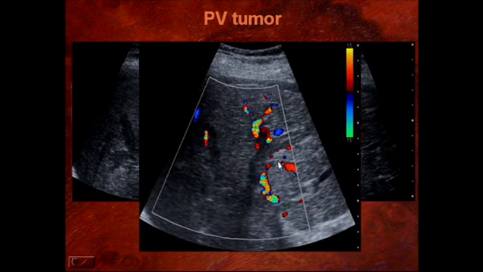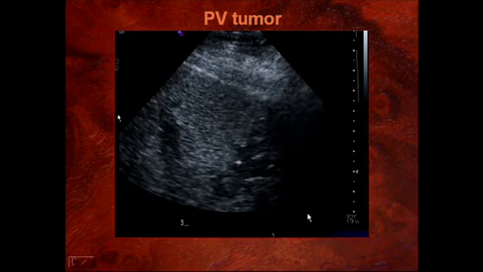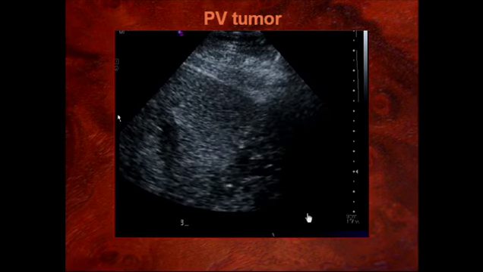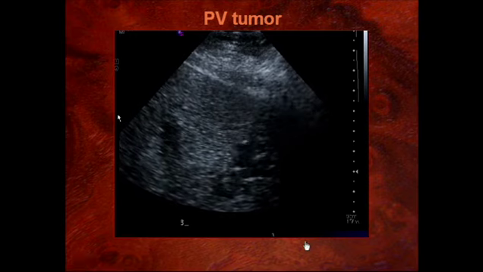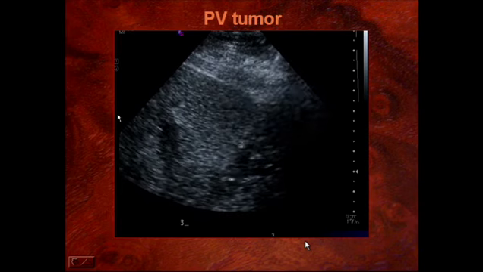But on Doppler, all we could see was flow around the portal vein thrombus, but not within the thrombus. So in this case, we still weren't sure that this was tumor thrombus, although we suspected it. In cases like this, you can biopsy the tumor thrombus with sonographic guidance, and that's what we did in this case, and the result was consistent with hepatocellular cancer.